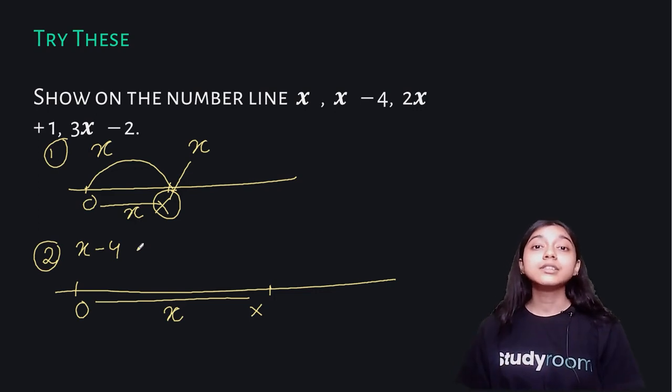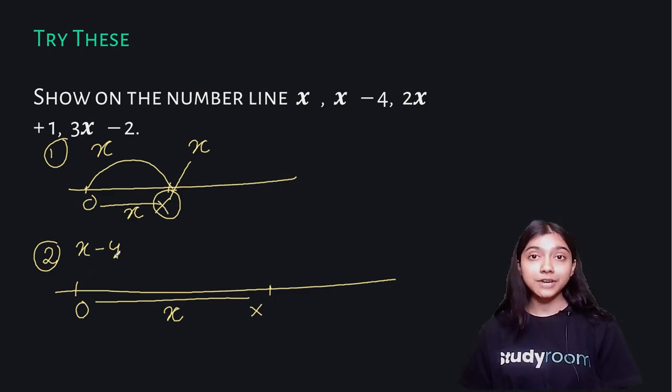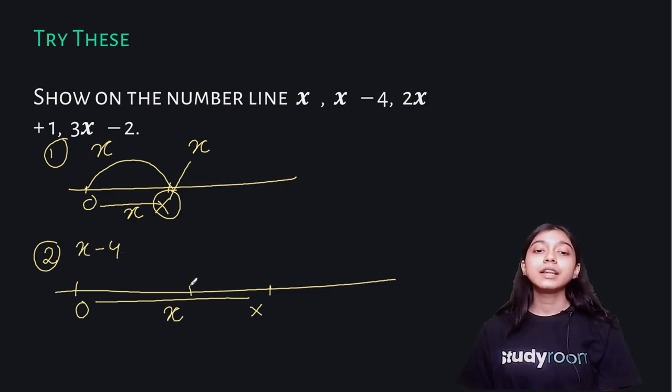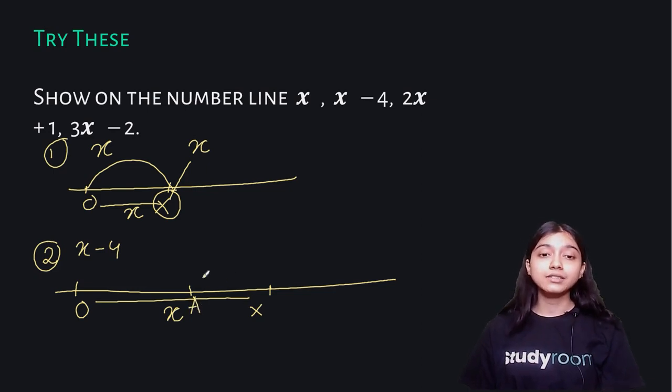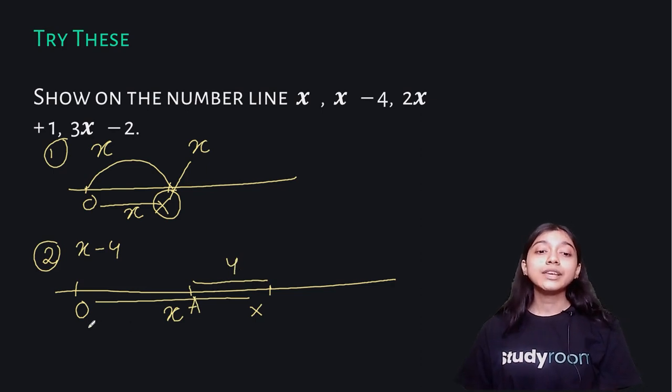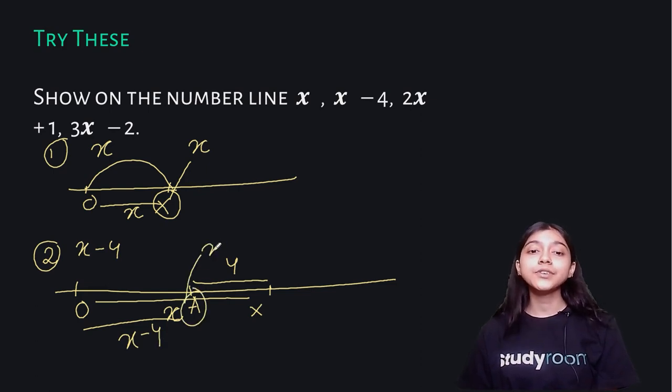But here, this constant term 4 is being subtracted from x. So what we have to do is take a point towards the left of x. Let's say we are taking a point A, which is at the left of x, and this distance should be 4 units. So we can say that this OA is x minus 4. So ultimately this point A represents the given expression, that is x minus 4.